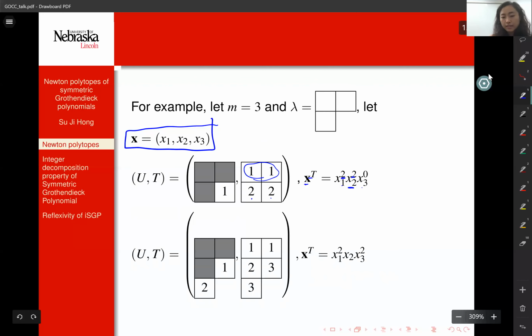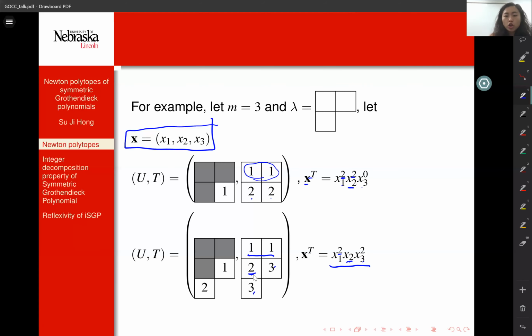And since x3 pops up none of the times, we raise it to the 0 power. And in this case, because x1 pops up twice, we raise it to the second power, x2 shows up once, so we just have x2, and because of those two, we have x3 to the second power.